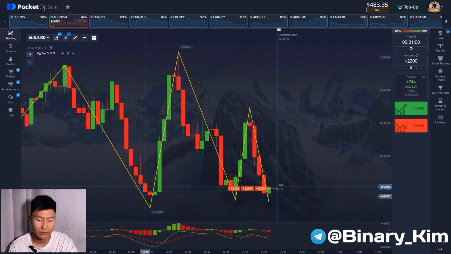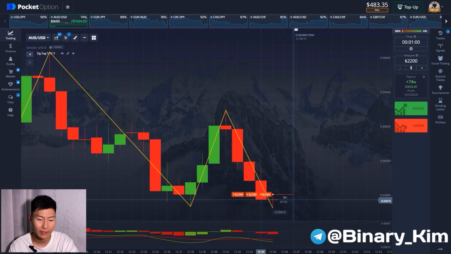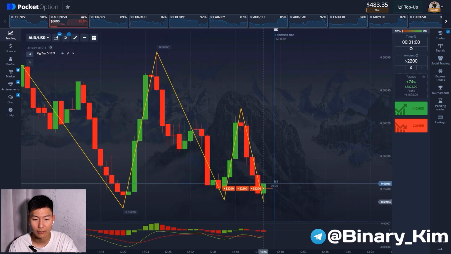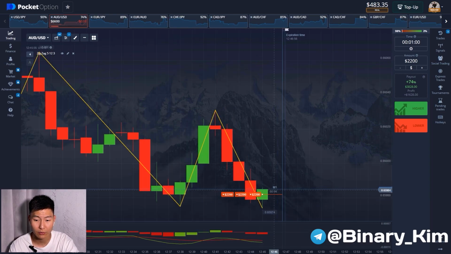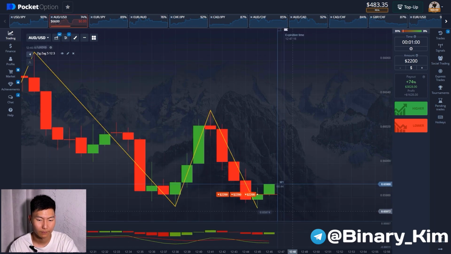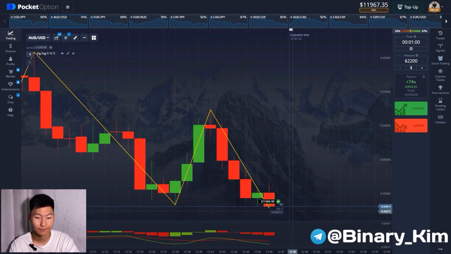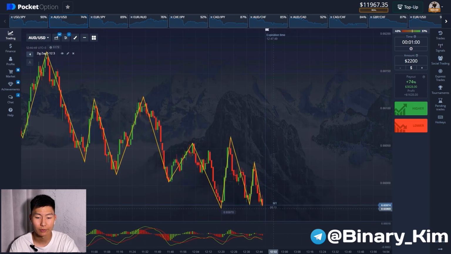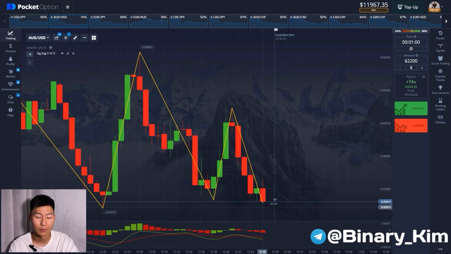The price touched the support level like 3 times, and now is the time to break through and continue the downtrend. So let's have a look. And there we go. This breakdown is huge. We predicted it perfectly. We got almost $12,000 on the balance.